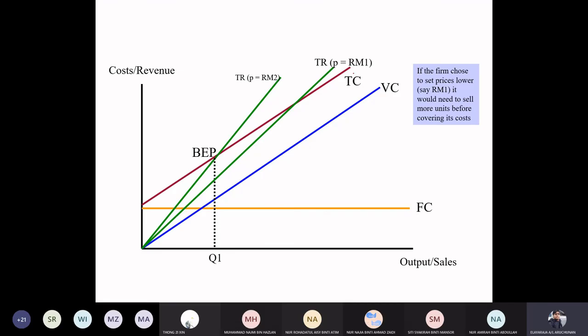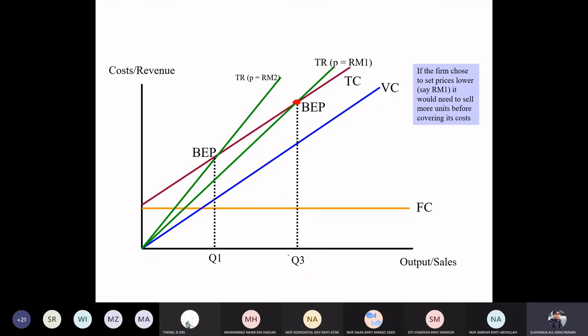If you draw the straight line for your total revenue at RM1, you can see the cross section. So the break-even point is here, your new break-even point. That means in order to meet that break-even point, you need to sell more products, more goods.